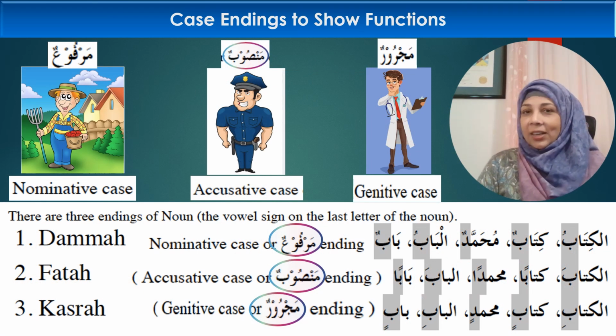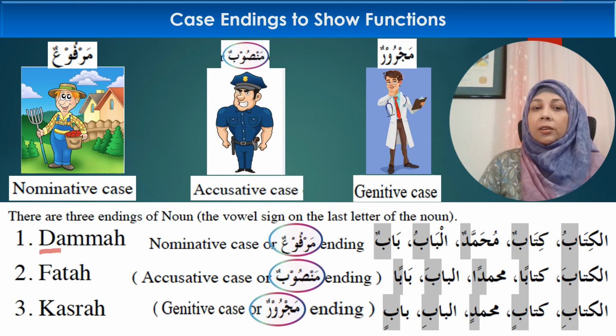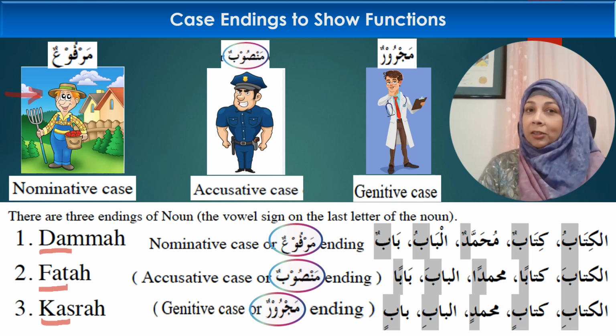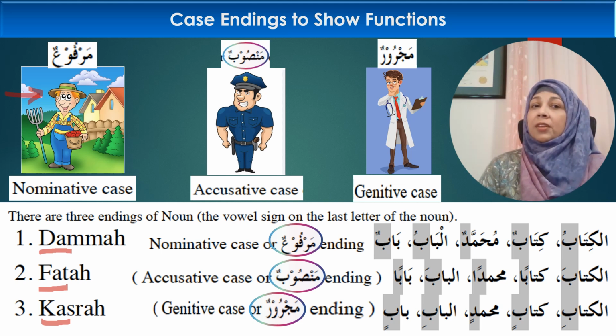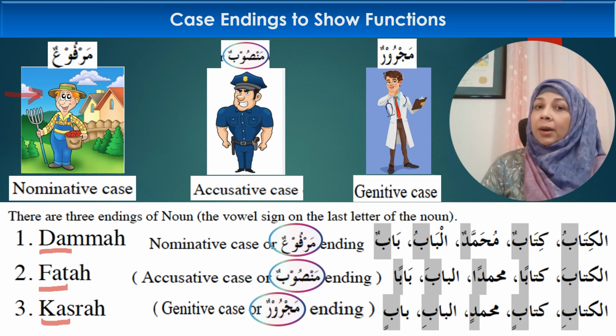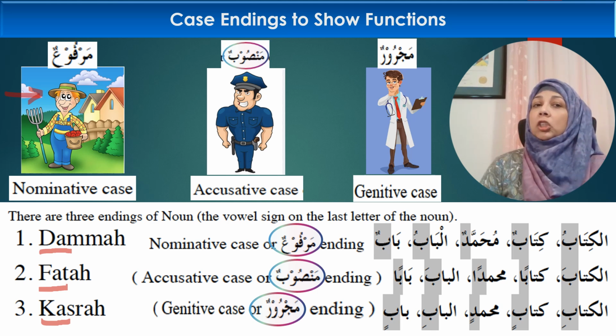Let's summarize. We said the case endings of either Dhamma, Fatha or Kasra show the function in the sentence. So the hat of this farmer showed his function as a farmer. Similarly, in our previous example, we saw how the Dhamma ending showed the function of the Mubtada and the Khabar in the sentence. That is the nominative case, or in Arabic we say marfu'un ending.